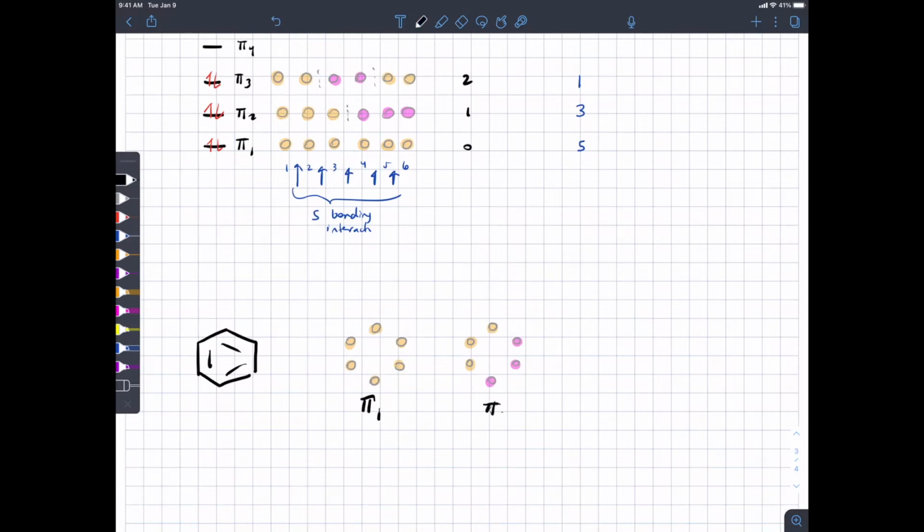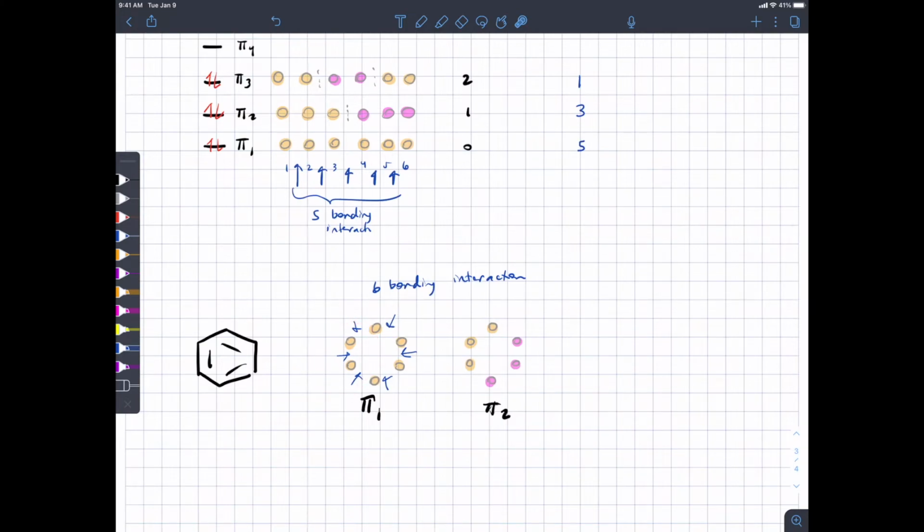We'll call this one pi 2. How many bonding interactions do we have here? 2, 3, 4, 5, 6. By making it a ring, we get a bonus bonding interaction. 6 bonding interactions instead of 5. So this is one of the reasons why benzene is so much more stable.